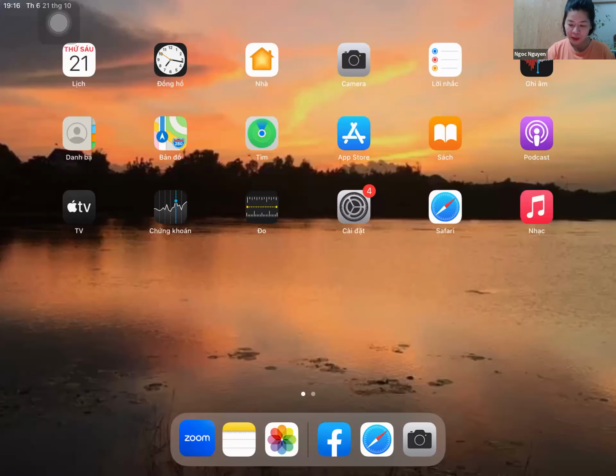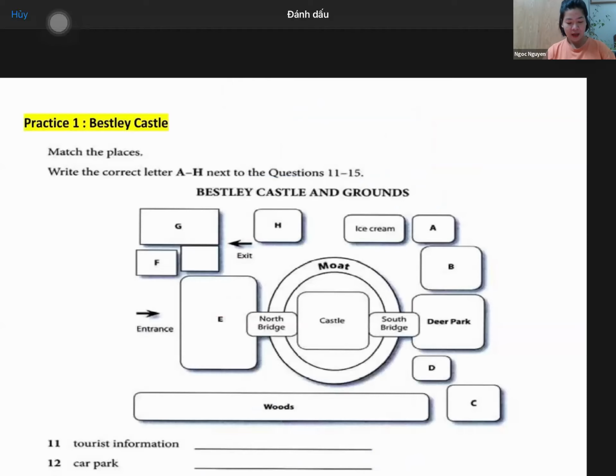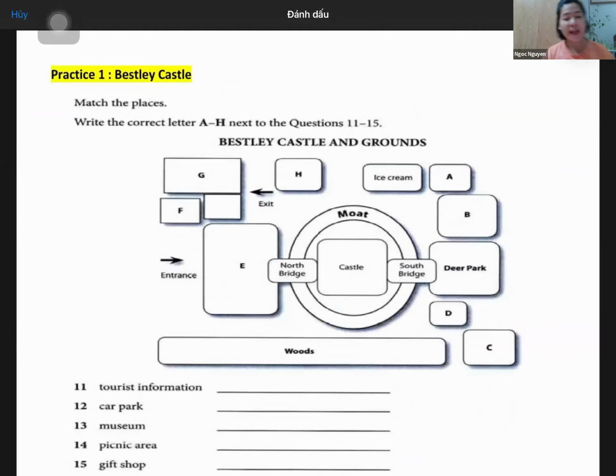So for example, let's look at this. This is the map or the layout. Sometimes you may hear the word map, sometimes you may hear the layout. The layout is basically a map or a design of a building or a place. And let's look at the map of Bexley Castle. So you don't see north, west, east, south.